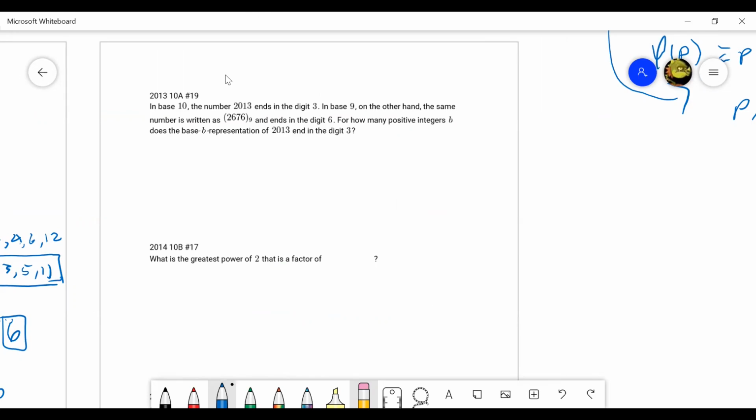And so for base b to end in a digit 3, it's essentially saying that this number 2013 mod the base is equal to 3. Now, why do we say this? This is because, similar to how 2013 mod 10 is equal to 3, and that's the units digit.